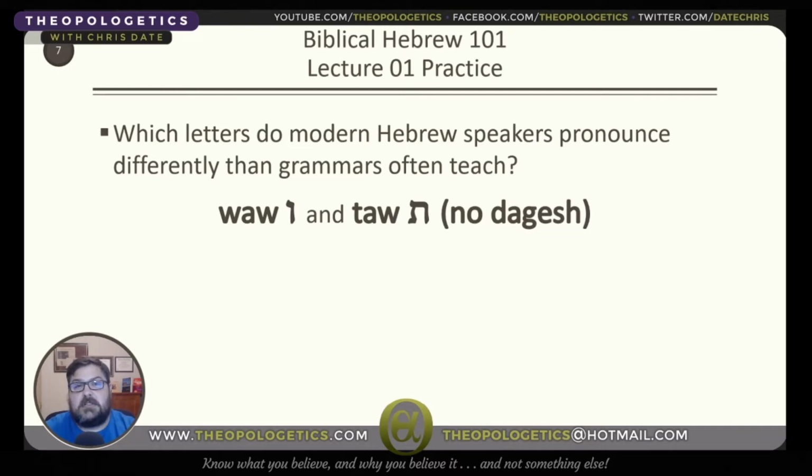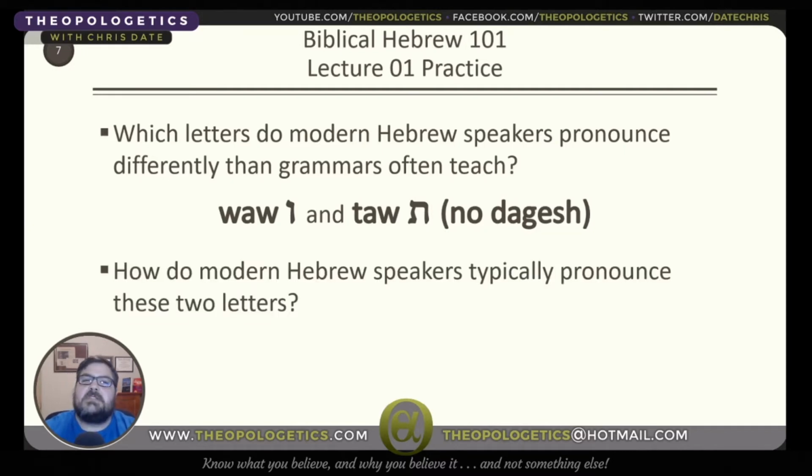With a dagesh, modern Hebrew speakers pronounce it the same as the grammars recommend. But without a dagesh, they pronounce Taw differently than your grammars suggest, and they also pronounce Waw differently.